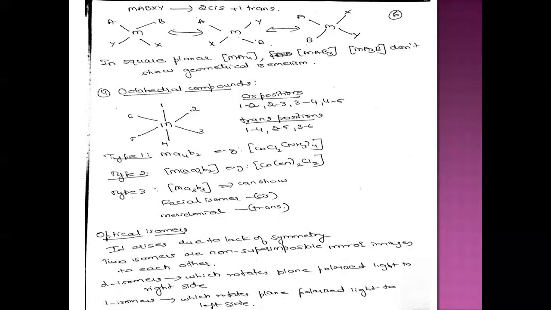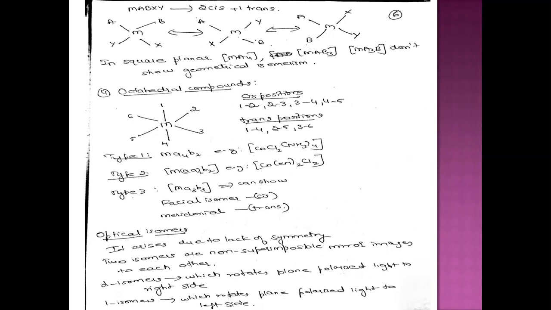What is the difference between geometrical and optical isomers? Geometrical isomers are possible because there is a symmetry in the molecule. For example, if you take an octahedral complex, this is a symmetry, this is a symmetry, this is a symmetry, right? There is a symmetry in the molecule. Similarly, in square planar, there is a symmetry in the molecules with which the ligands are arranged around the central metal atom. Optical isomerism occurs due to the lack of symmetry.